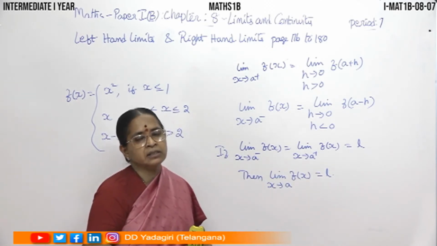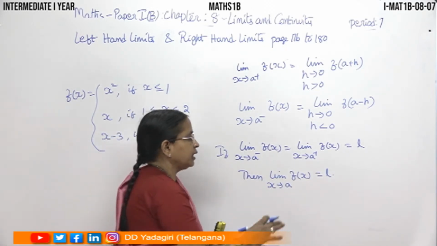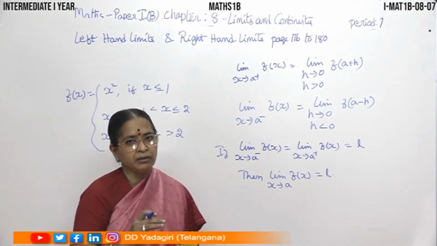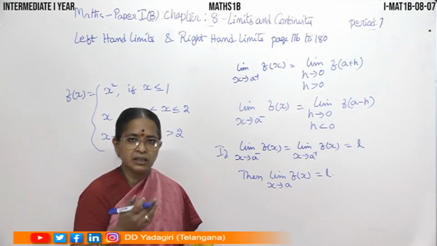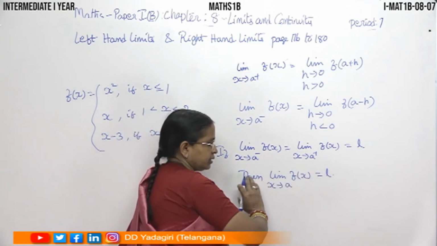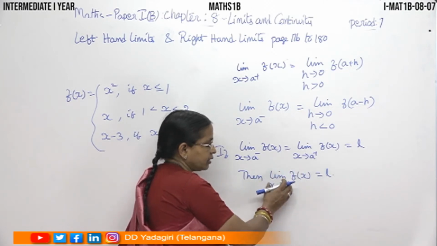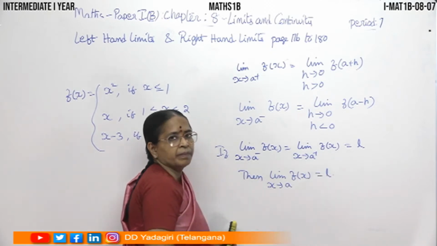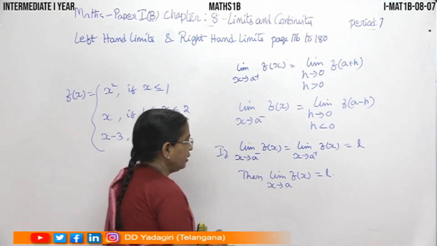Limit does not exist, it does not mean that it is infinity. Infinity is a defined value. Limit value equal to infinity is existing. It is not that. You cannot say that limit x tending to a of f of x is equal to some number. Okay, so that is how we define.